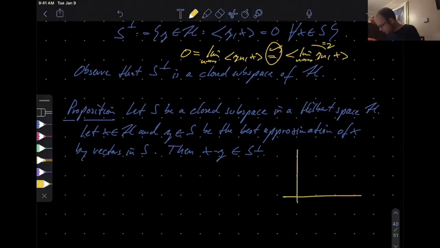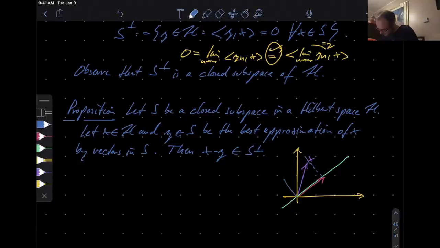So here in R2, take a subspace which is a straight line through the origin. You take your vector x, then the best approximation is the orthogonal projection. We don't know that language yet here in functional analysis, so maybe let's not use it.